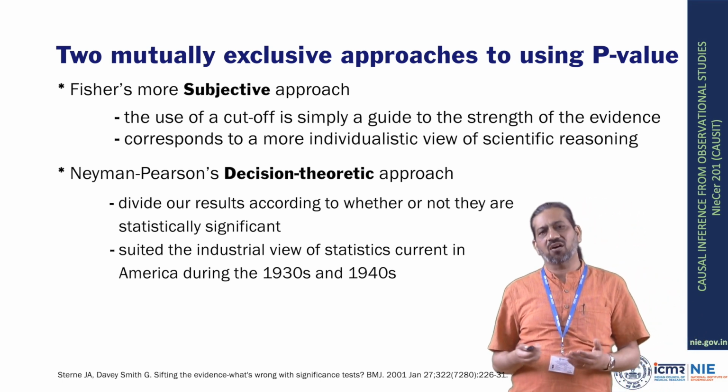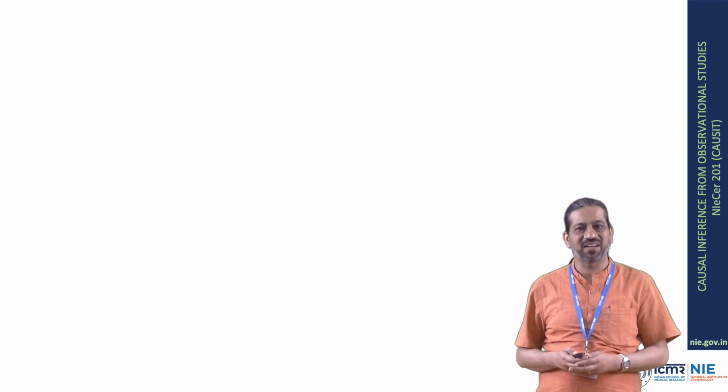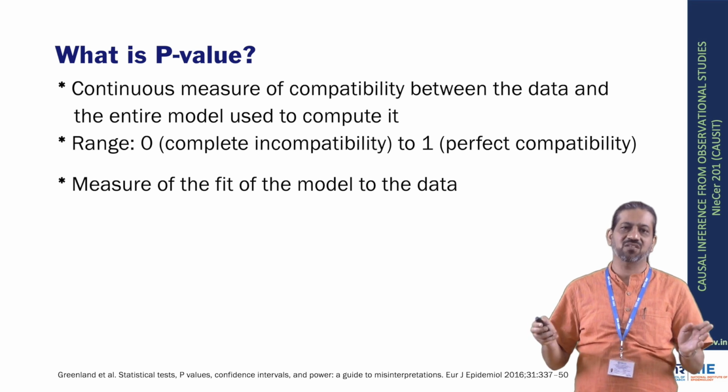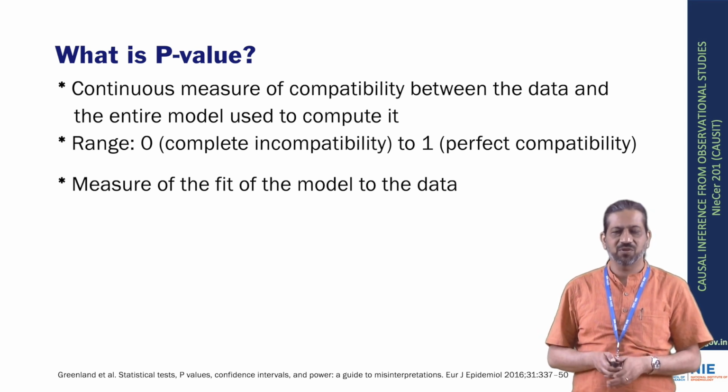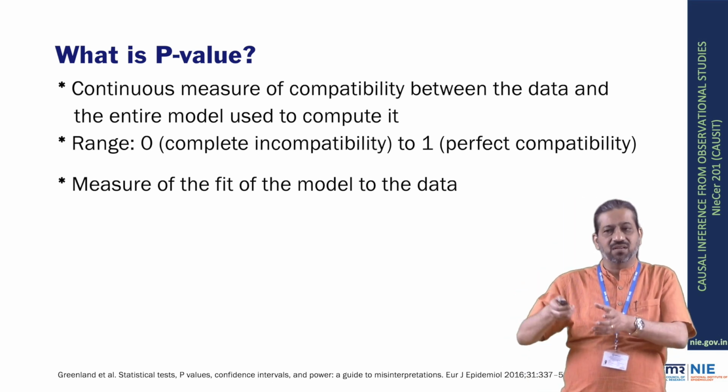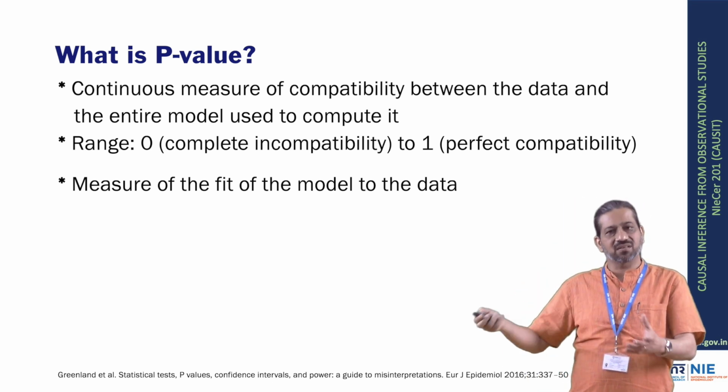So then, how exactly do we understand what a p-value is? The p-value can be viewed as a continuous measure of the compatibility between the data and the entire model used to compute it, not just the null hypothesis, but all the other hypotheses as well.